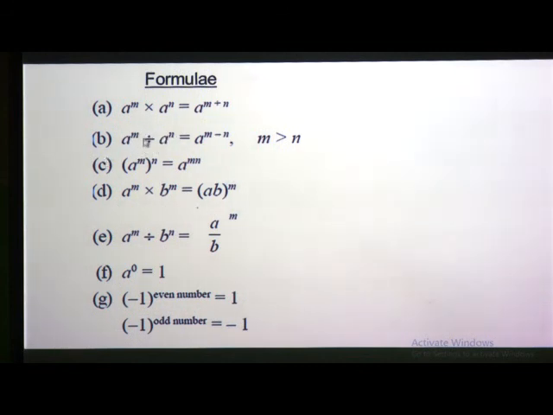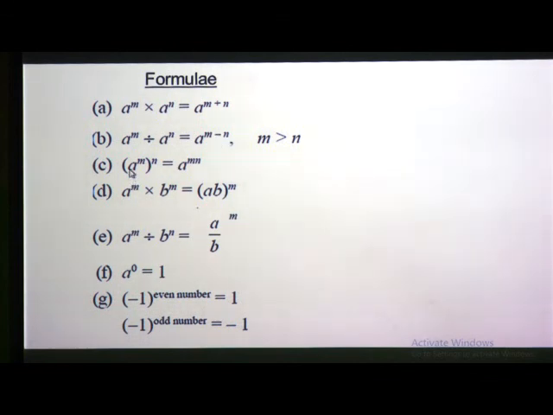When it is a division, the power should be subtracted, m minus n. Always when it is division, m will be greater than n. Division means we write in fraction form, a raised to power m by a raised to power n. So, when it is a division and the bases are the same, the exponents should be subtracted.